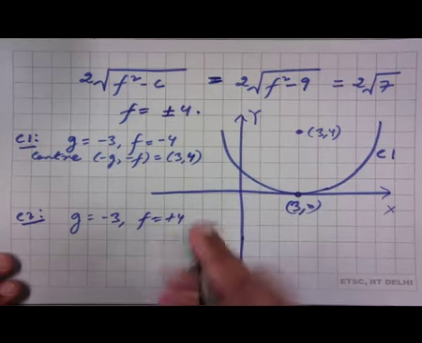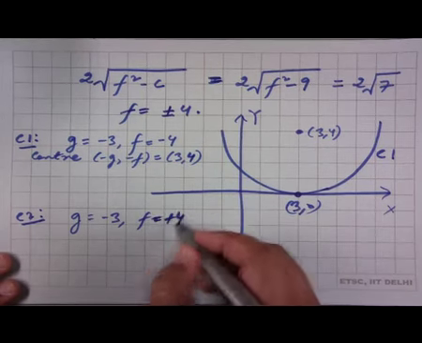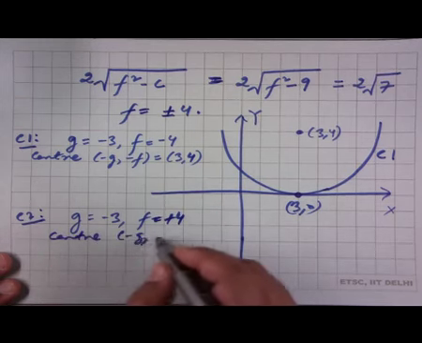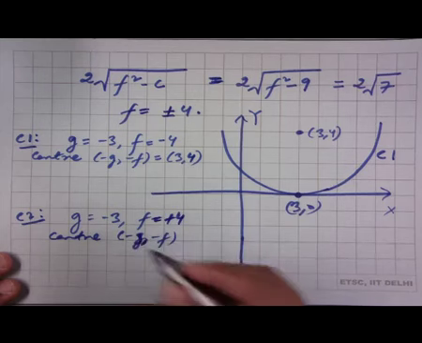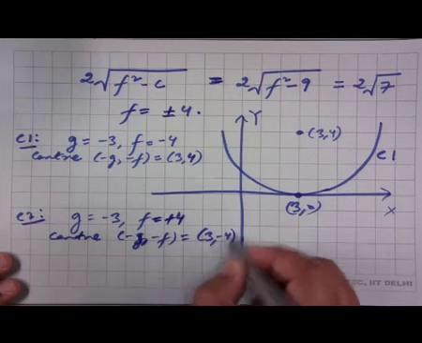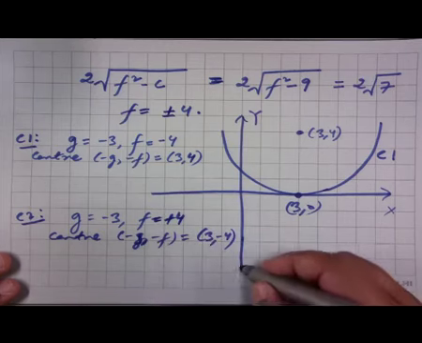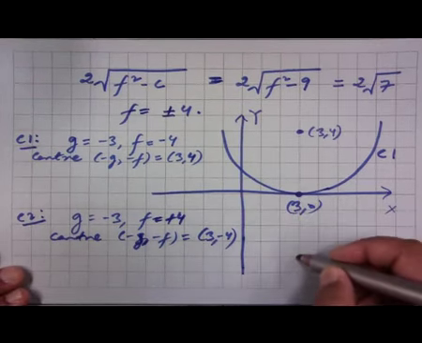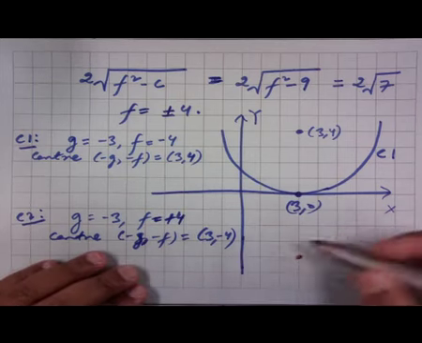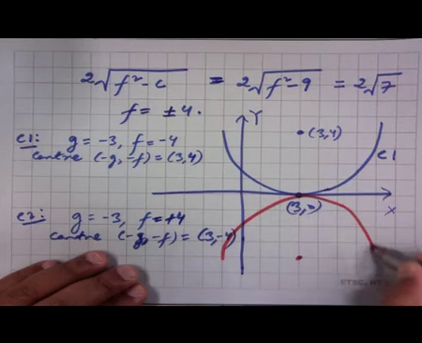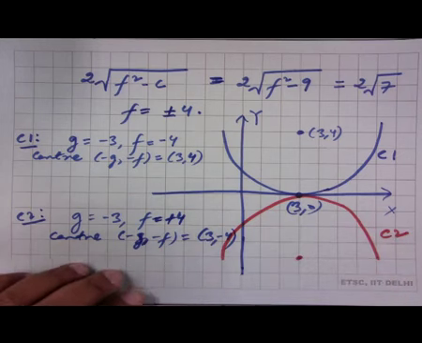If we take f equal to plus 4, we get the center minus g, minus f as 3 comma minus 4, and that is this circle in red.